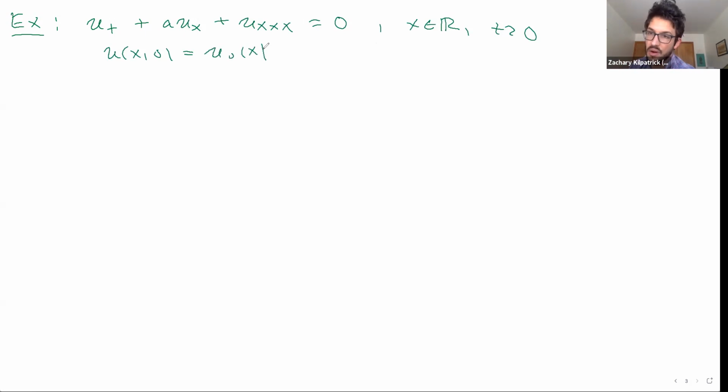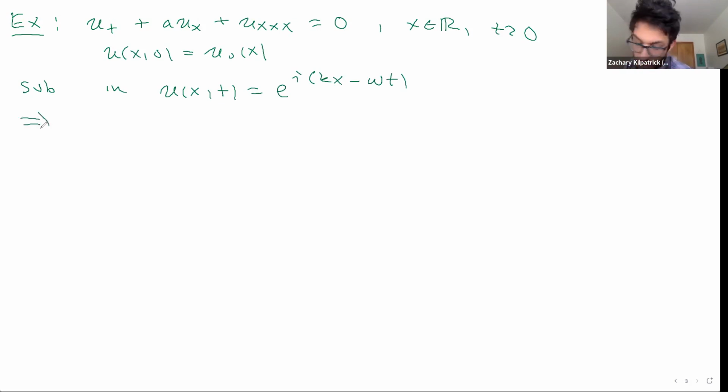So here's your initial value problem again. We could again just use Fourier transforms, but to be a little bit more explicit, you can also substitute in just the wave function. So just assume an ansatz, which would be the form of your solution.